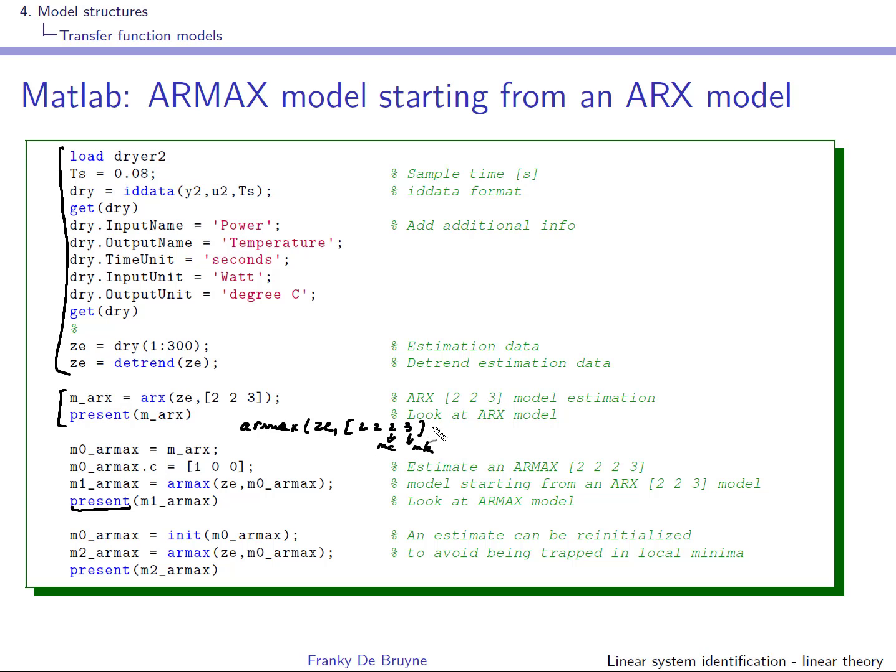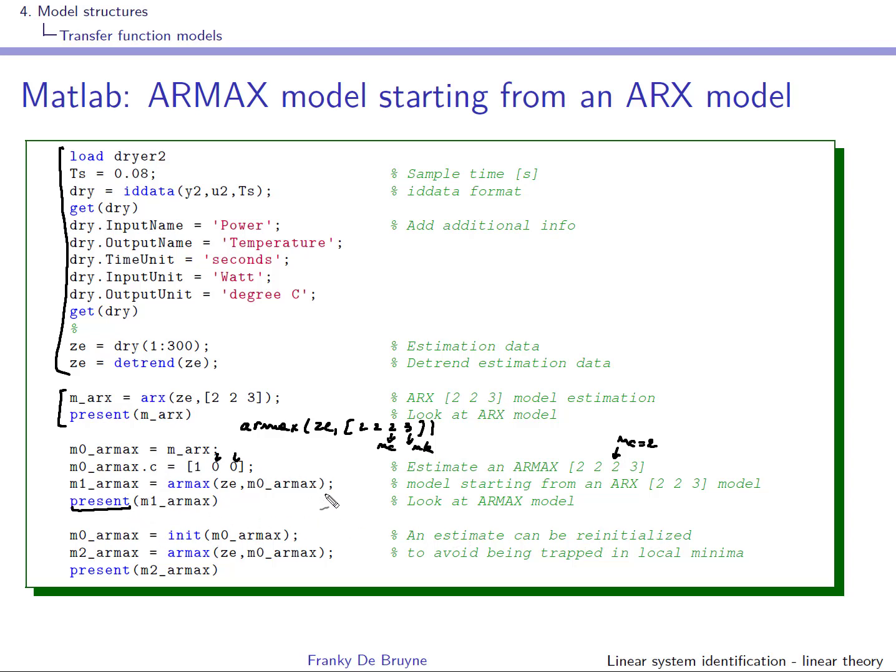Okay, so here you will lose the advantage of initializing the model with the ARX model in the iterative procedure. You know here that you have used NC equal to 2 because you know that you have 2 coefficients over here, right?